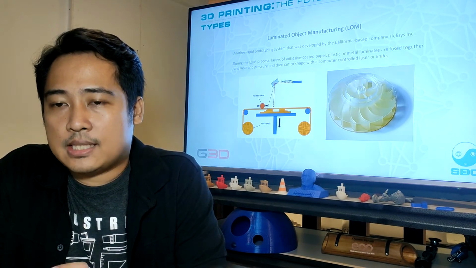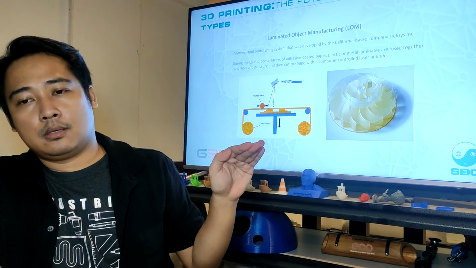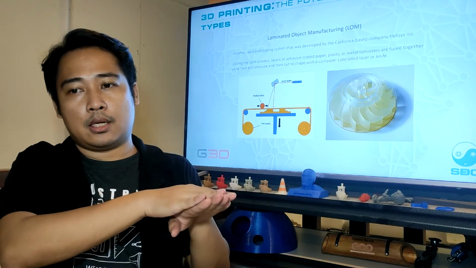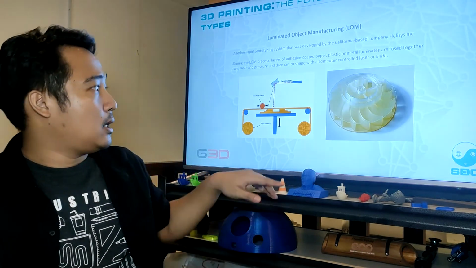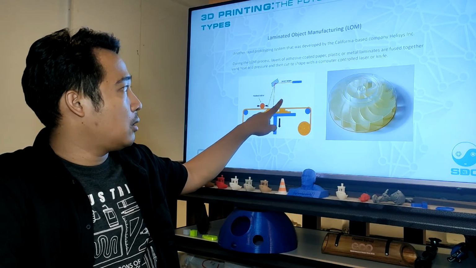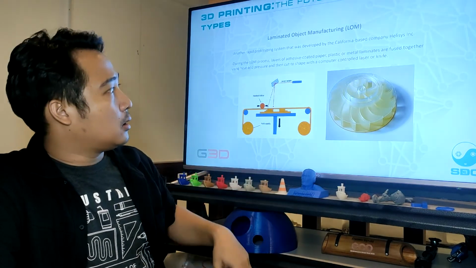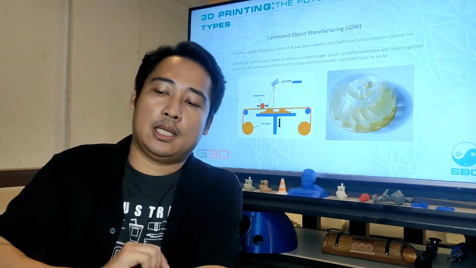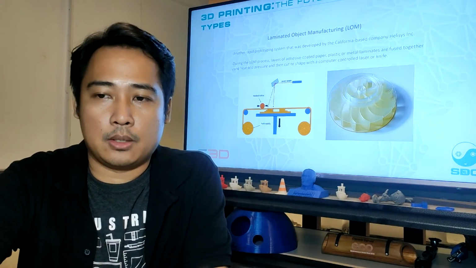So it's like a tape, then overlap it together and then cut by the laser beam or a knife or like a CNC. Post-processing of 3D printed parts includes such steps as machining and drilling, as I've mentioned a while ago.